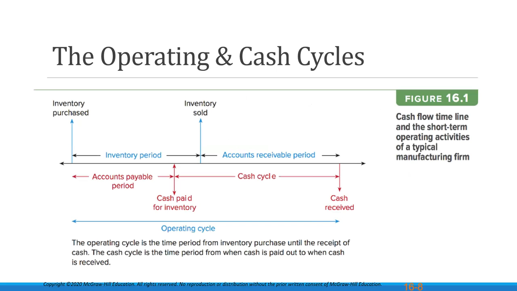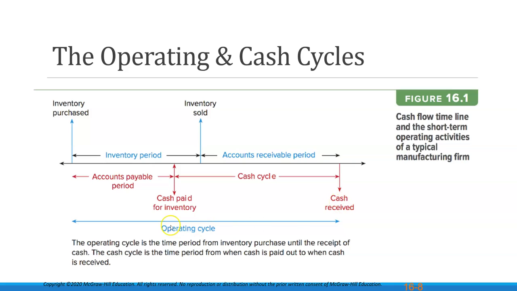We can see now a timeline of the entire operating cycle from when we purchase inventory until cash is received on the inventory. The cash cycle is where we have to pay cash for our inventory, and the difference between when we pay that and when we receive cash for the sale of inventory.